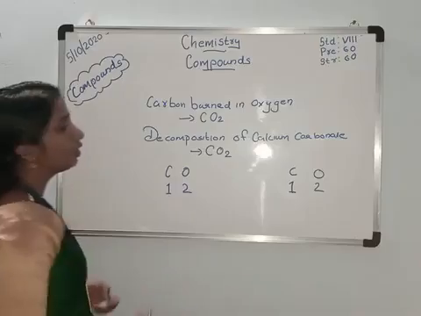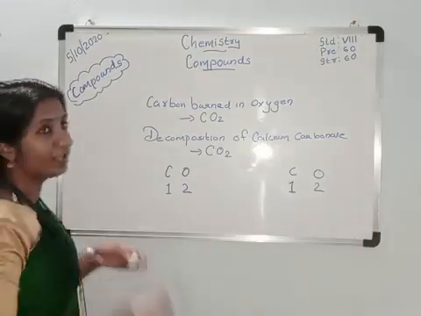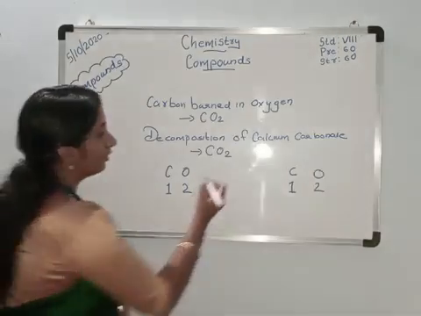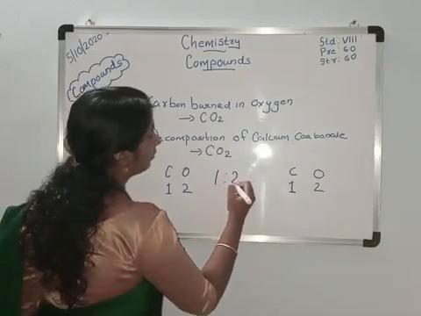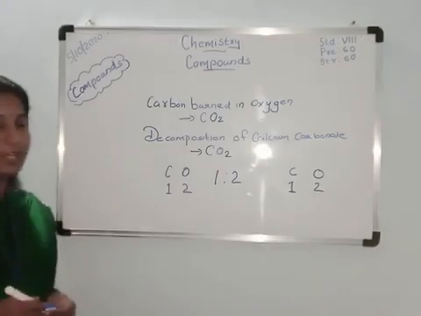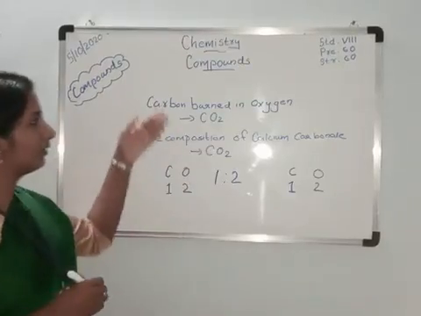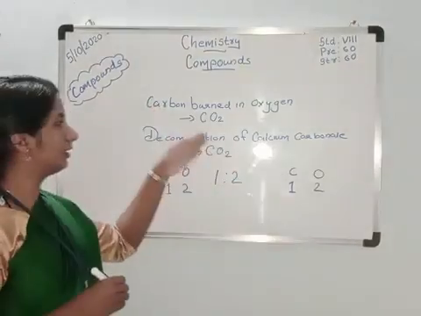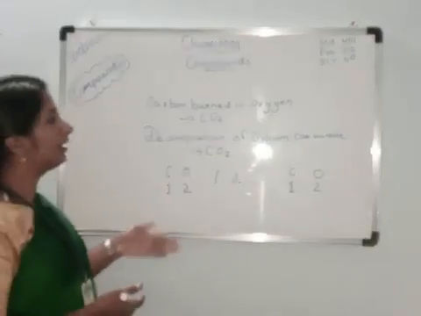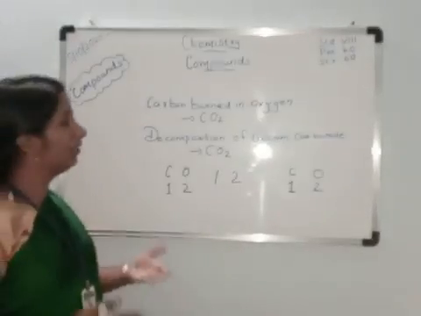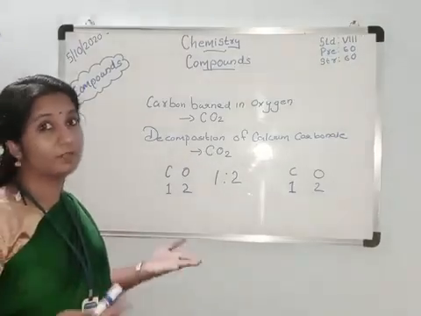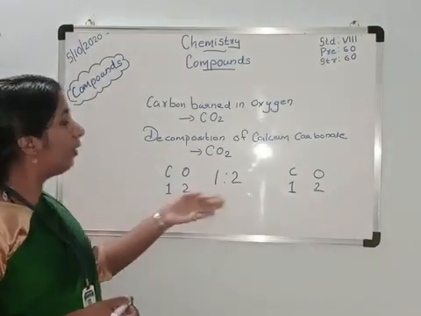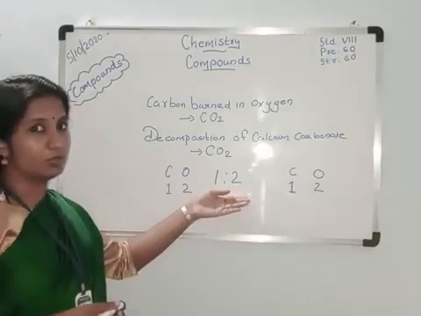Then can you write the ratio of carbon to oxygen in carbon dioxide? What is the ratio? Yes, that is 1:2. So you have seen that different processes were used to produce the same compound, isn't it? Carbon dioxide is a compound, and whatever the process of production of these compounds, there will always be a ratio like 1:2 here.